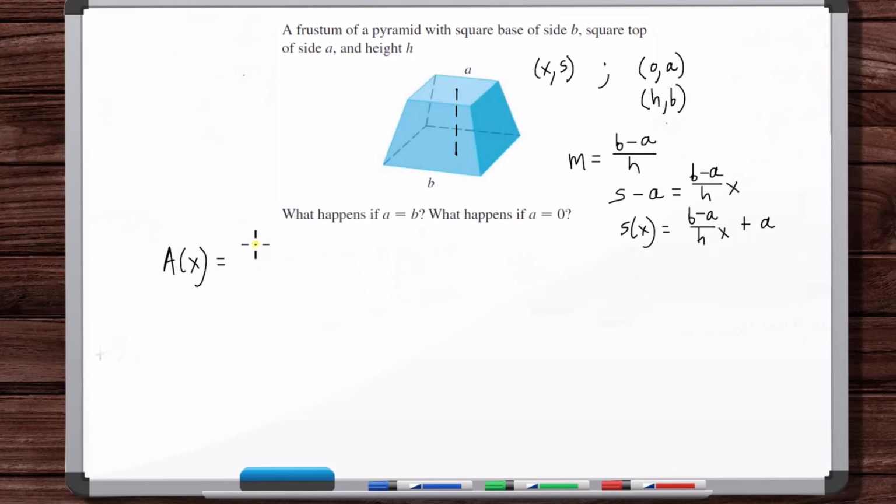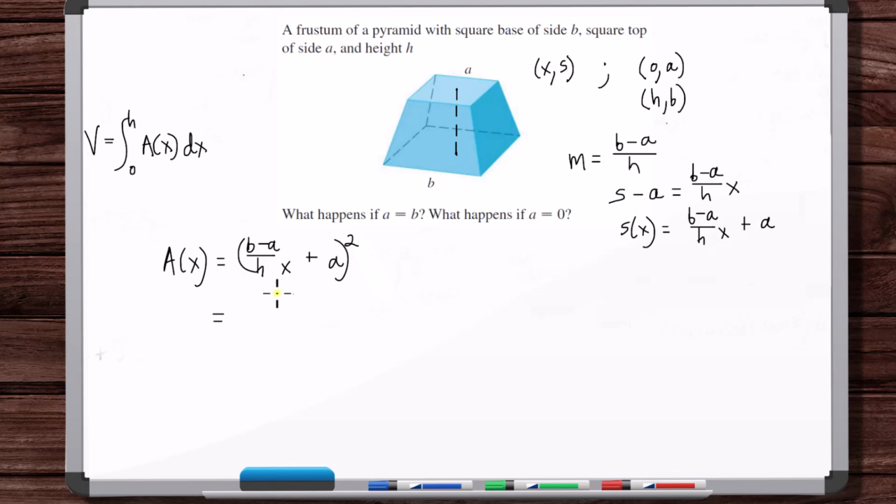Okay, so for any point x, the cross-sectional area is just S squared. And so all we need to do is integrate A of x dx from 0 to h. That's the volume. Let's expand this so we can integrate it.